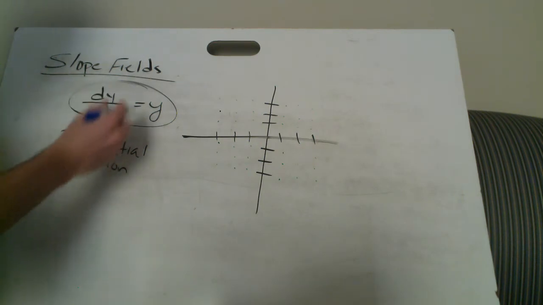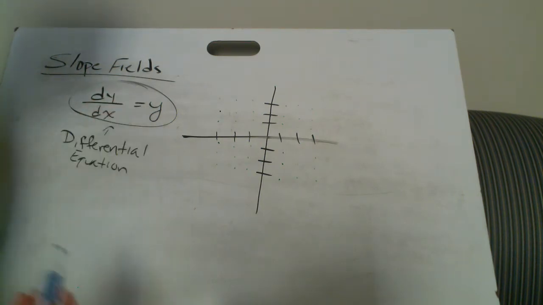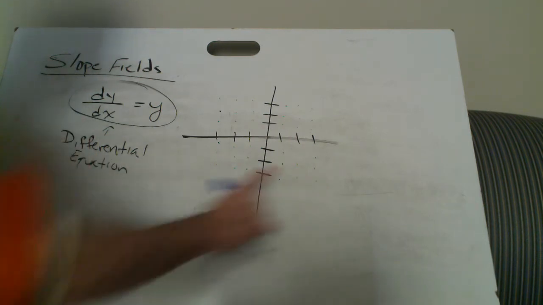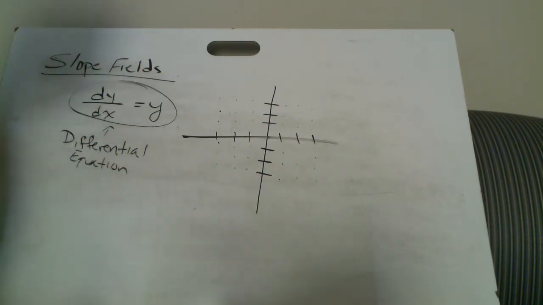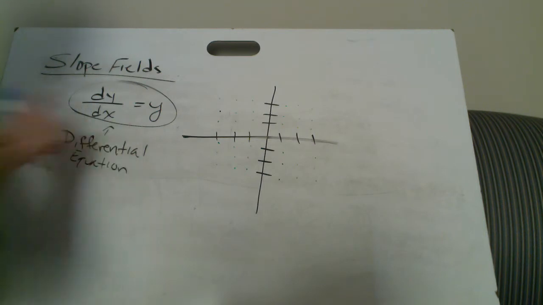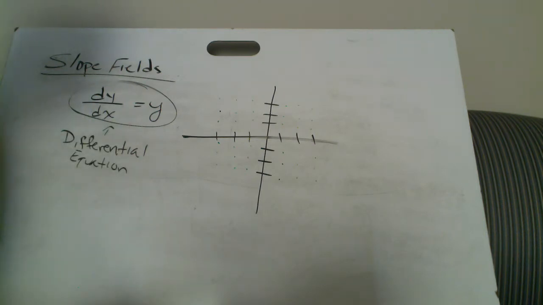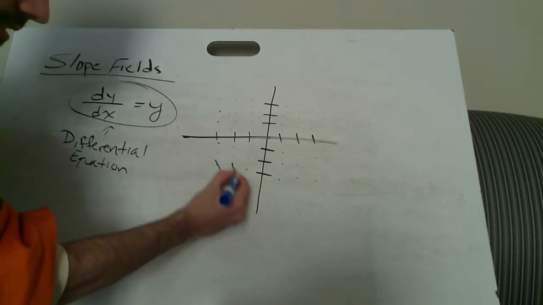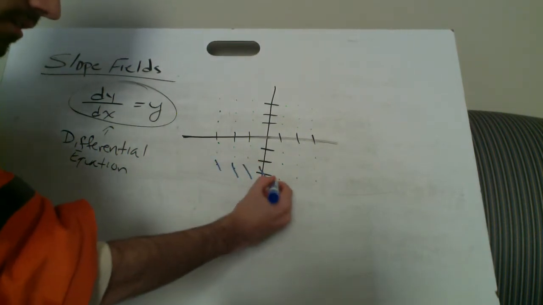So if dy/dx is equal to y, what does that mean? Well, any of these bottom points all have y-coordinate -3. Since the derivative does not depend at all on the x value, this whole horizontal line has to have a very steep and negative slope right there.